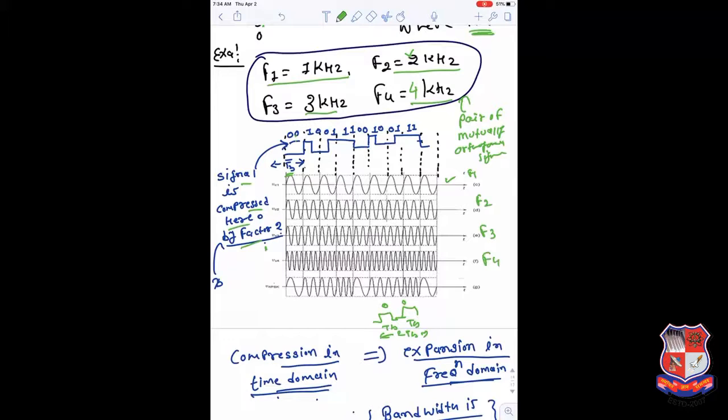If there is a 0 1, we have a different carrier signal. If there is a 1 0, we have another carrier signal, and so on for all. So we have 4 carrier signals with frequencies F1, F2, F3 and F4 for symbol 1, symbol 2, symbol 3 and symbol 4. That is the same thing which is represented here.